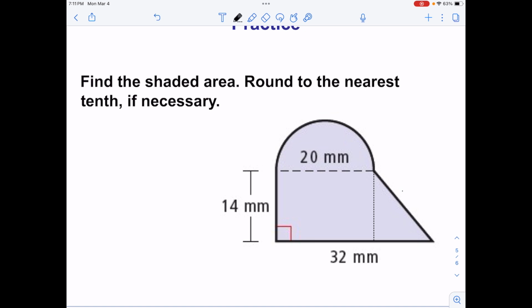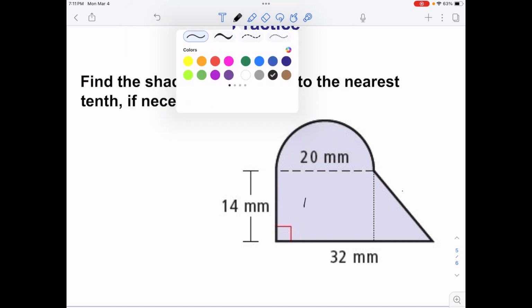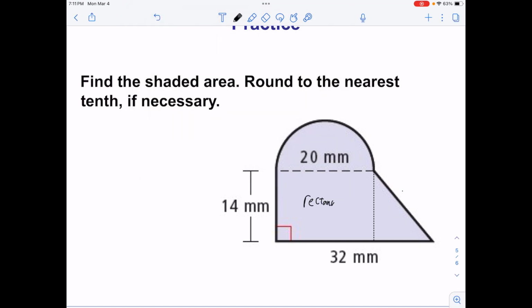And now I have a rectangle here. I have a rectangle here. I have a triangle here. And I have a semicircle here. Half of a circle.